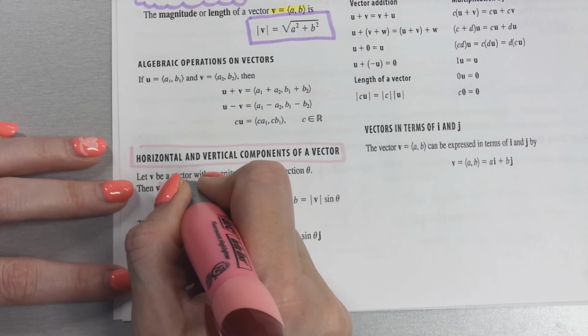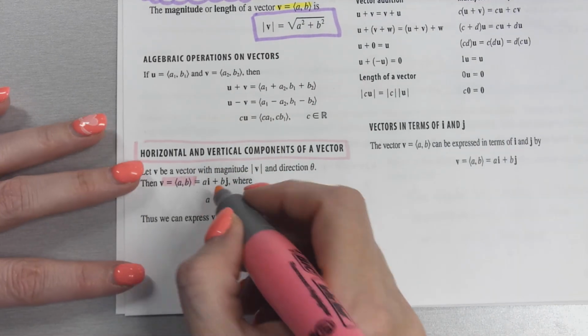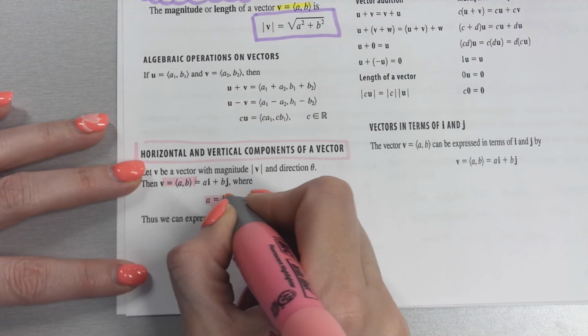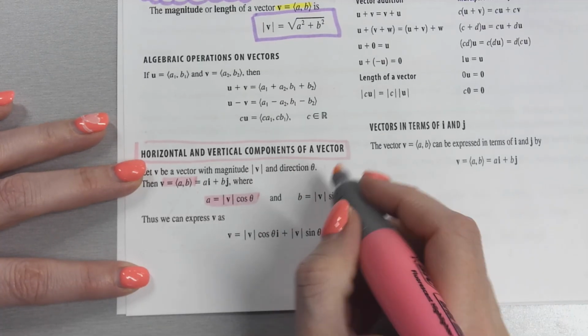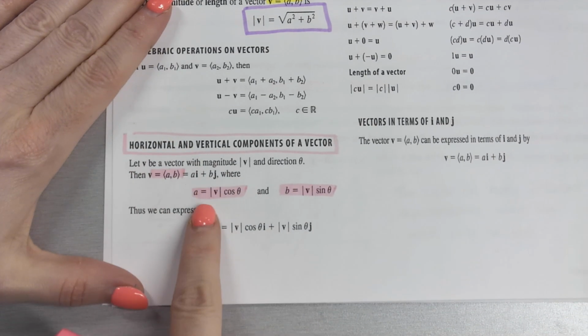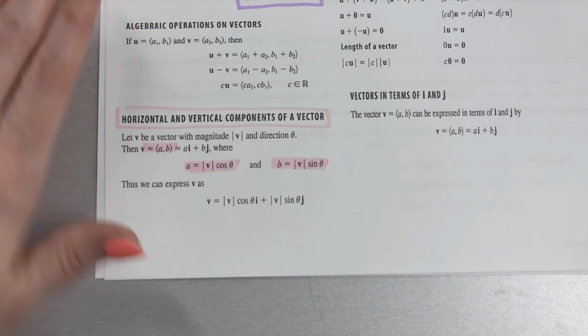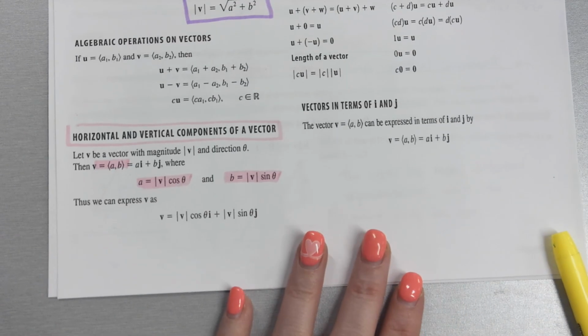Then the vector v is going to be calculated by doing the magnitude times the cosine and the magnitude times the sine. So the horizontal and vertical components. Horizontal is going to be cosine, vertical is going to be sine.